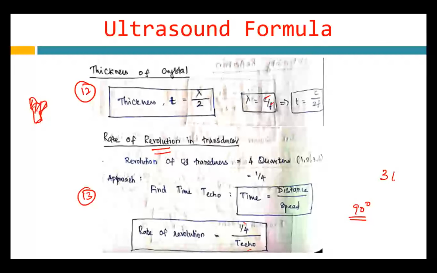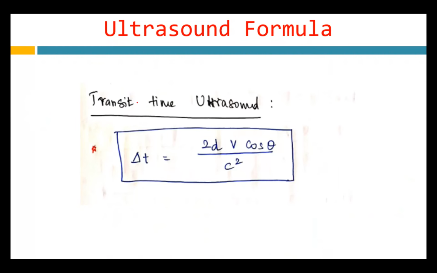In total 360 degrees, if you split it by 90, it comes 4 times, right? So that's why we have 1/4 here. So take 1/4 of the time: for how long we give the ultrasound, the duration, divide that by 1/4 and you get the rate of revolution of the ultrasound. Okay, so 4 quadrants.